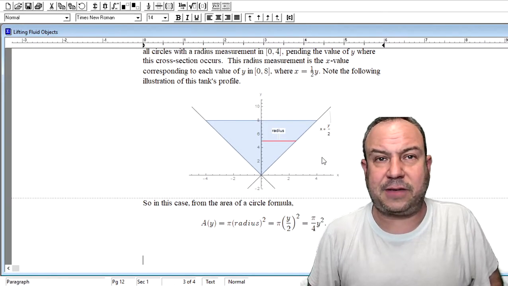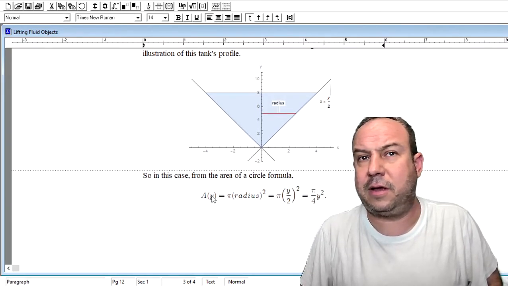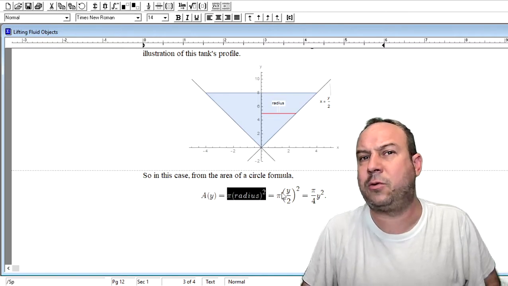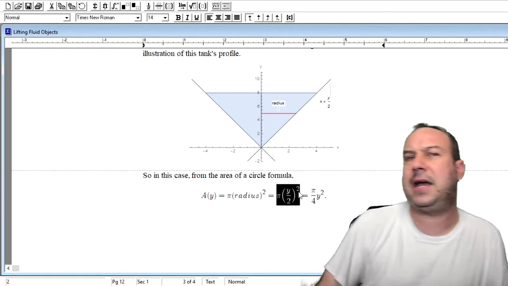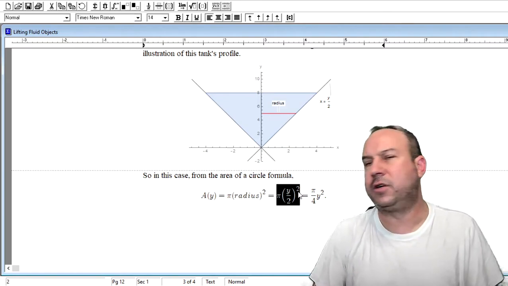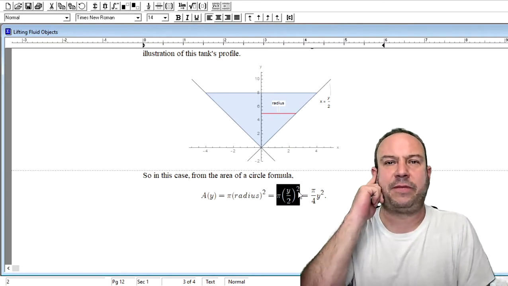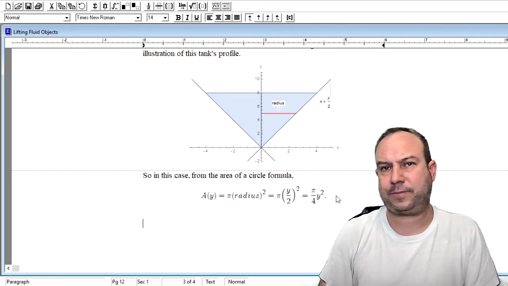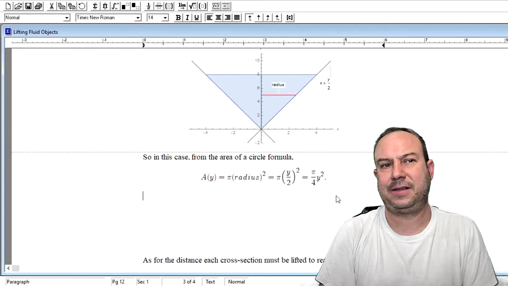So in the case of our area of our circle, from the formula pi times radius squared, it's going to be pi times the quantity y over 2 squared, which simplifies to pi over 4 times y squared.